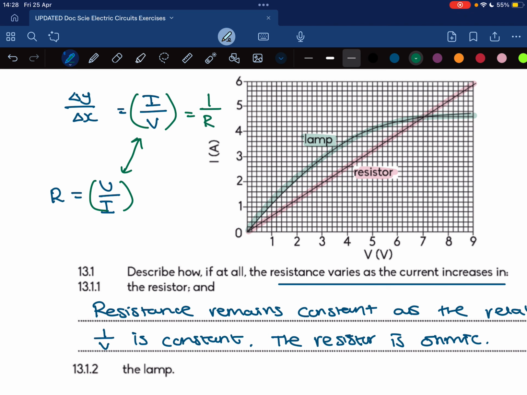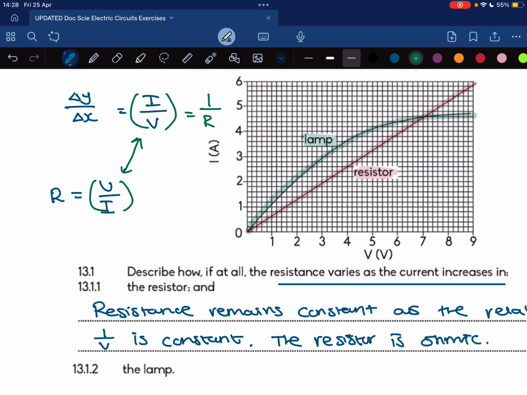Then it says, state the values of the potential difference and the current when the resistor and the lamp have the same resistance. Okay, so we look at this graph and ask where they would have the same resistance. It would be at the point where they are intersecting. If this is a test, in order to show me where you're getting the values from, you must indicate on the graph where you're getting this from, by showing on your graph how you are reading it.